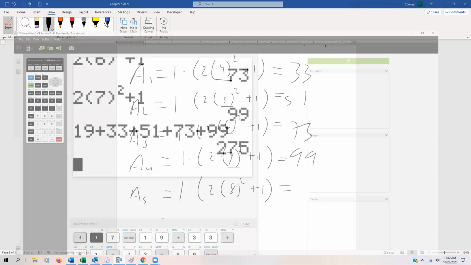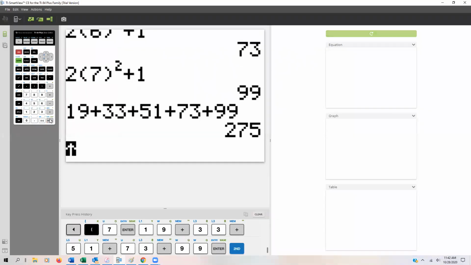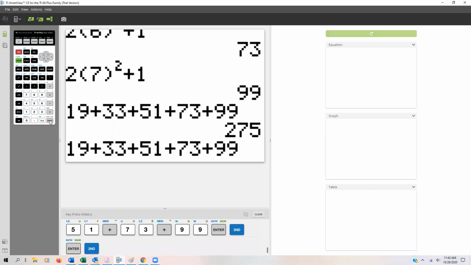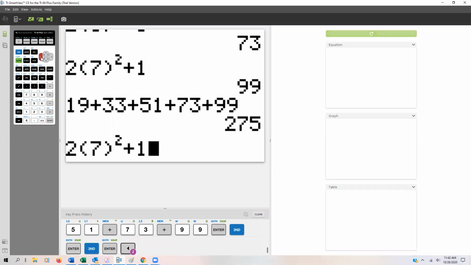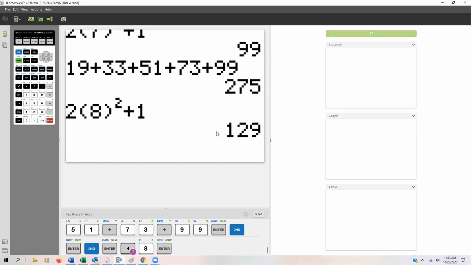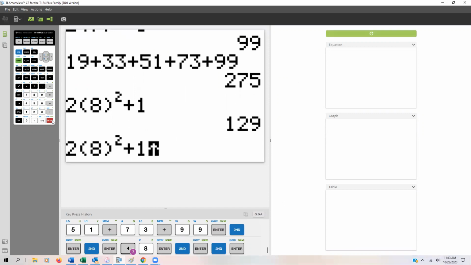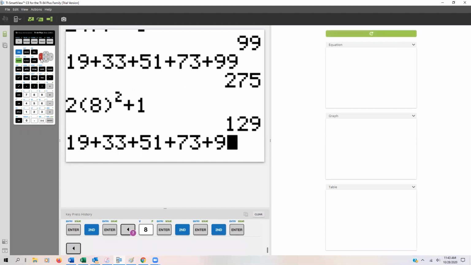We go into our calculator and hit second enter twice, then go back and hit an 8 in there, and we get 129. One last trick: let's hit second enter twice. Remember this 19?